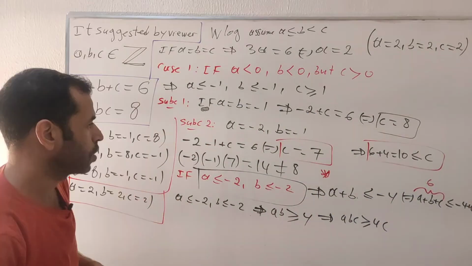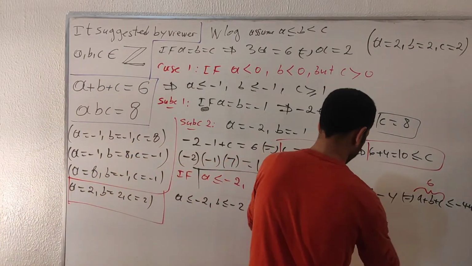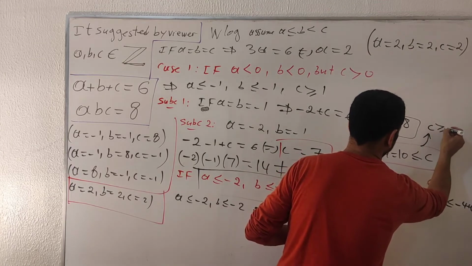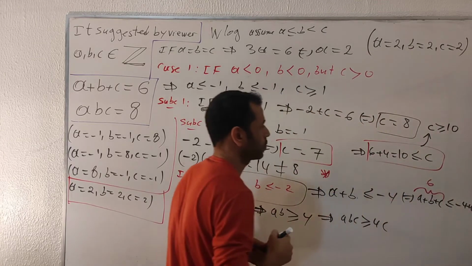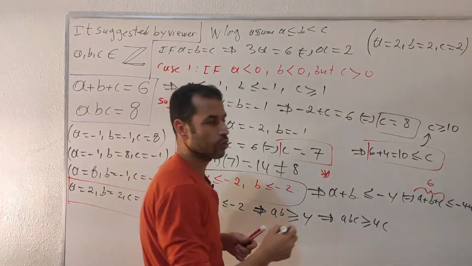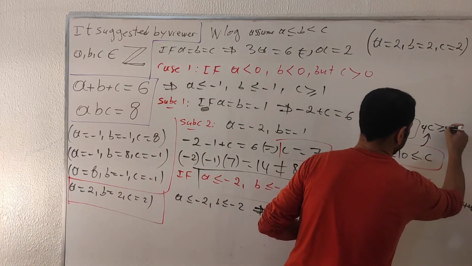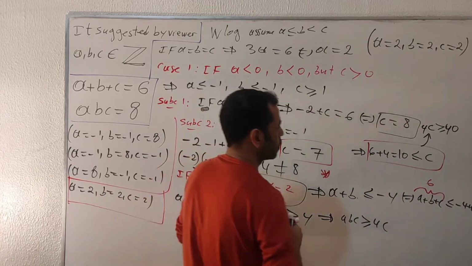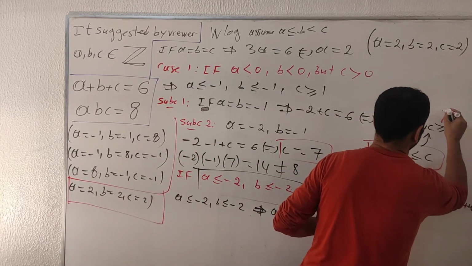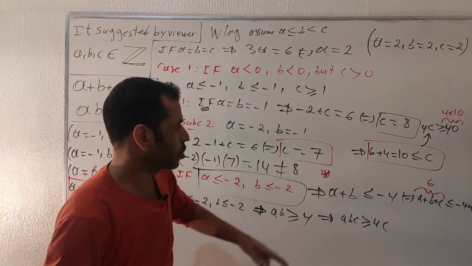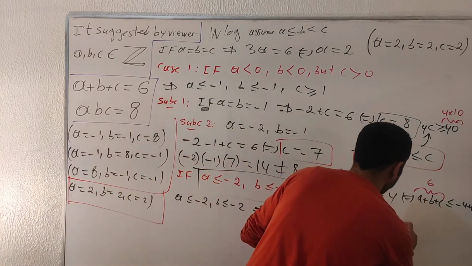Then C is superior to 10, so multiplying both sides by 4, I get 40, because 4 multiplied by 10 is 40, which means 4C is superior to 40.